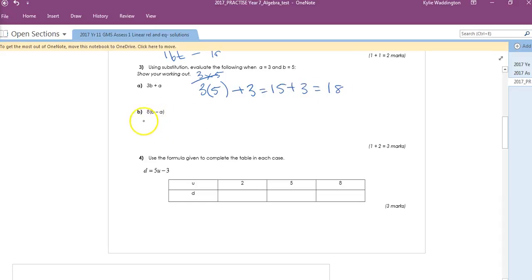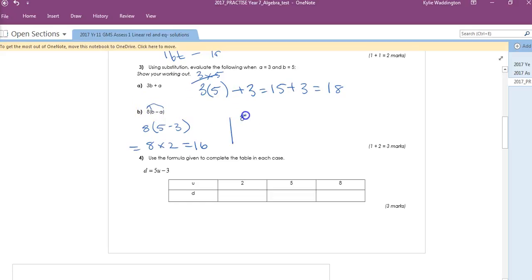For this one here, there's 2 ways that you can do it. You can either substitute the numbers first, so have 8 bracket 5 minus 3, and then work that out so that you have 8 times 2, which gives us 16. Or you can expand, so you multiply.